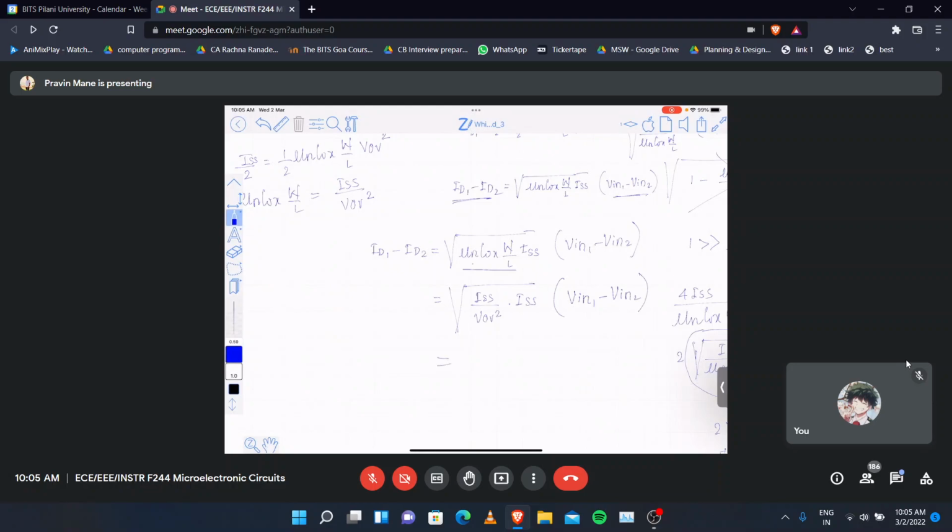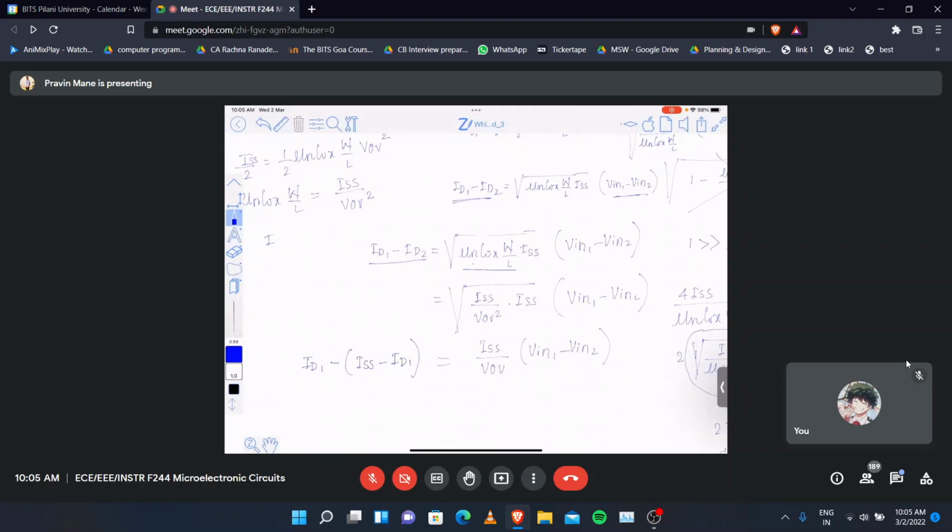Which is equal to ISS divided by VOV times (Vin1 minus Vin2). So how can ID1 minus ID2 be written?